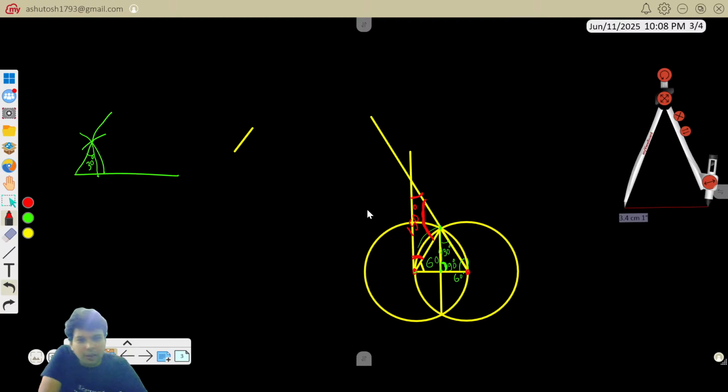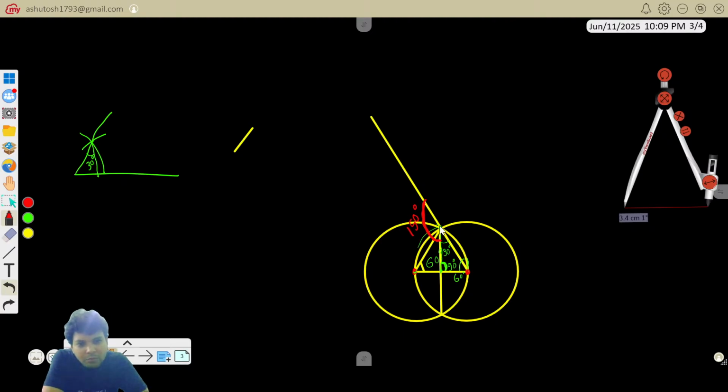Sorry, one thing I missed actually. This line is 150 degrees. I don't need to make this angle, so I have to just remove this thing. Okay. So this becomes 150 degrees.